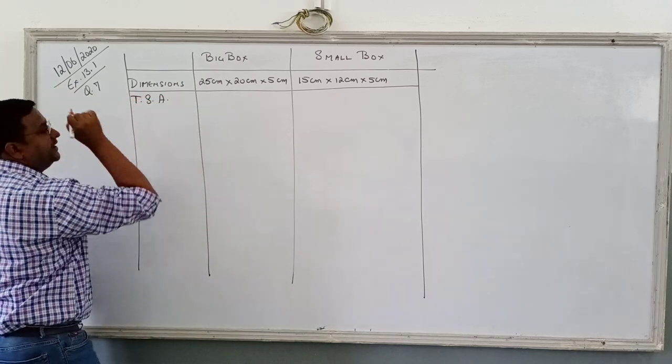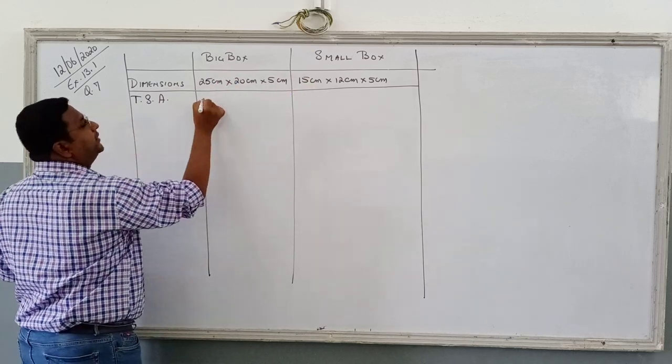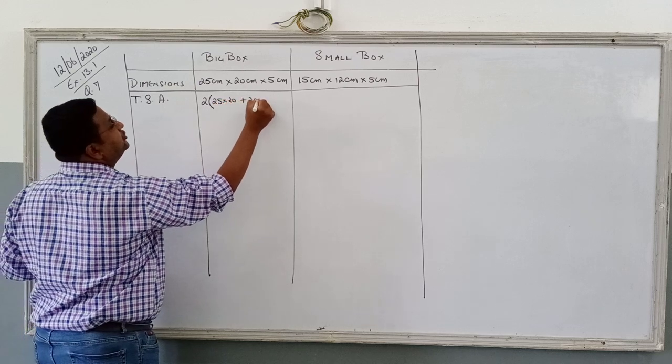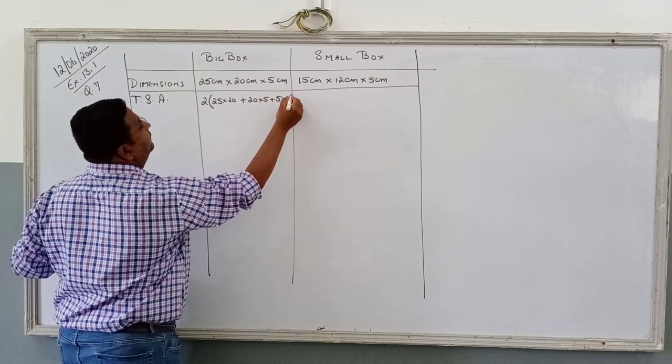Total surface area. We all know the formula. It is in the form of a cuboid, so it is 2 into (LB, 25 into 20, plus BH, 20 into 5, plus HL, 5 into 25).